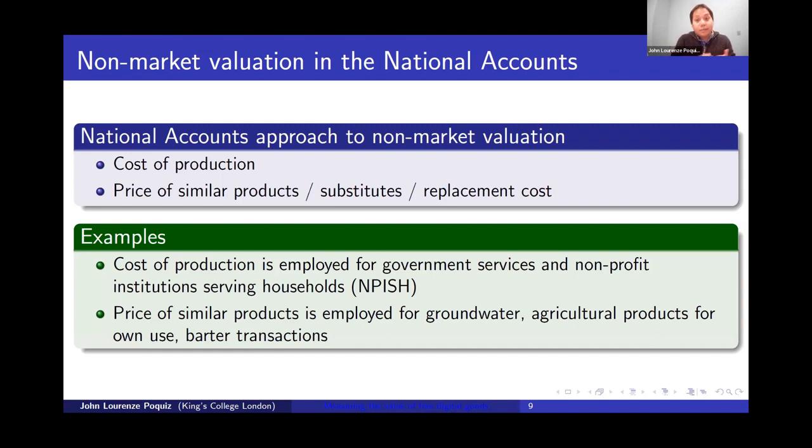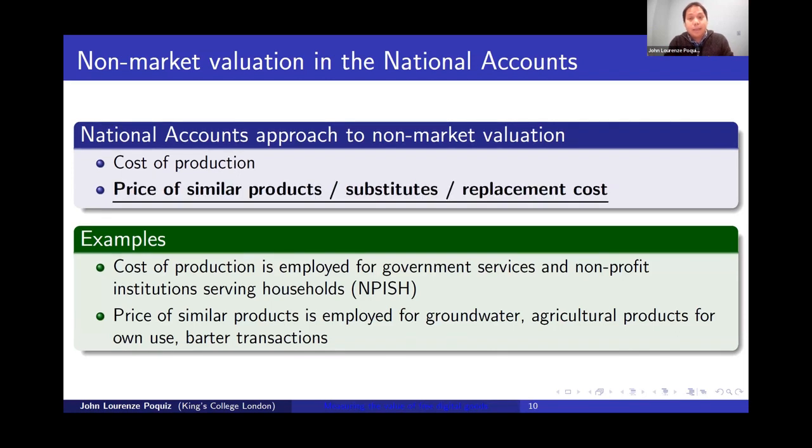For the price of similar products, the replacement cost or the use of substitutes, this is employed to estimate the price of some non-market goods in the SNA, particularly for us, groundwater, agricultural production for own use, barter transaction, and in some countries, the value of owner-occupied dwellings.